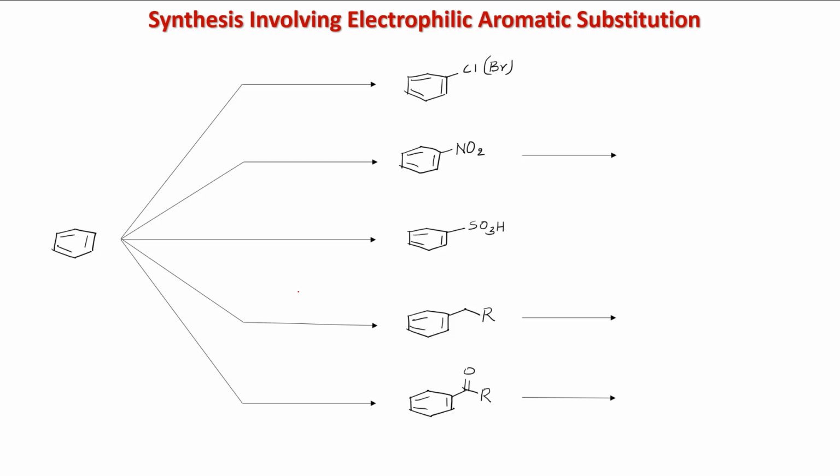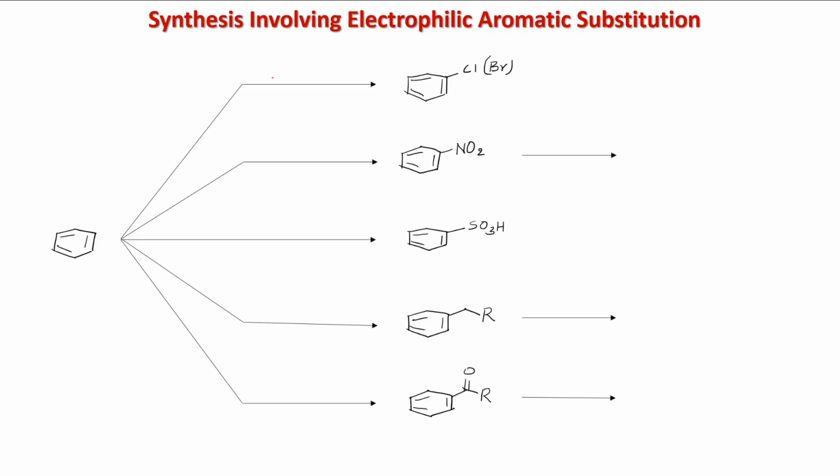So here we have a couple of examples where we are starting with benzene and we are trying to make a variety of other aromatic compounds, benzene derivatives. So the first example is benzene going to chlorobenzene or bromobenzene.